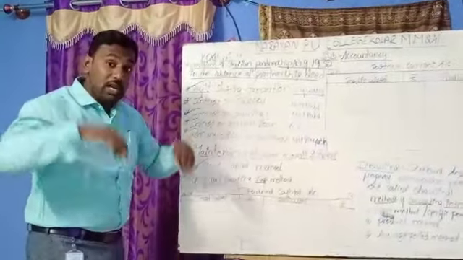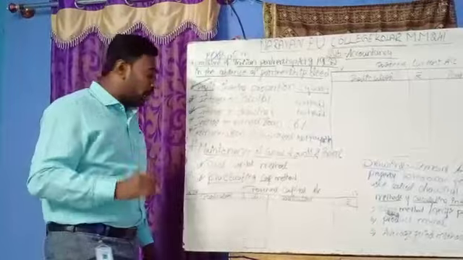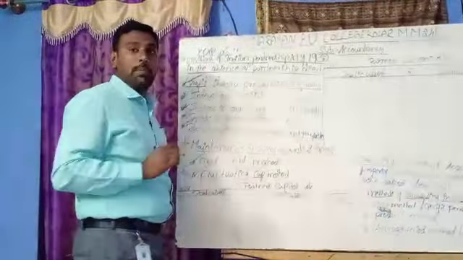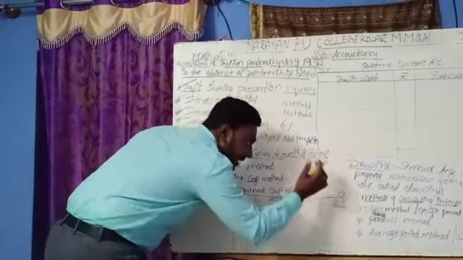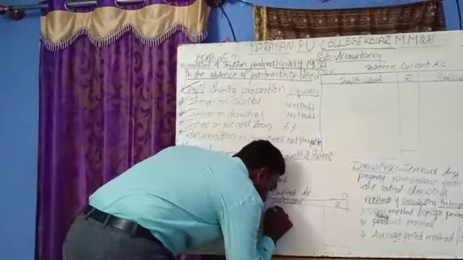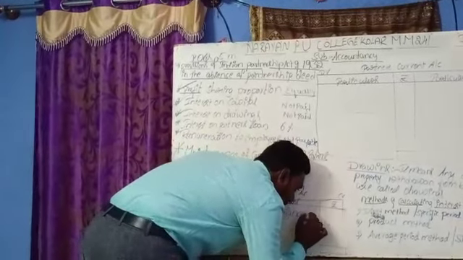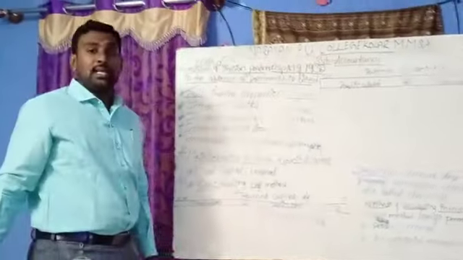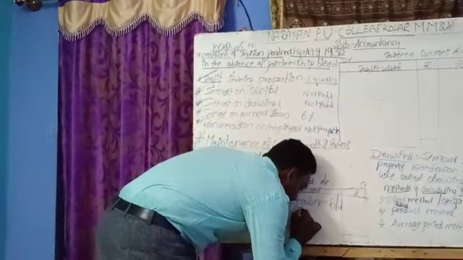So what transactions come under the partner's capital account? In the beginning itself we transfer the opening balance of the partner's capital account. We mention it on the right hand side, the credit side of our account, as by balance brought down, and in brackets we mention opening balance.